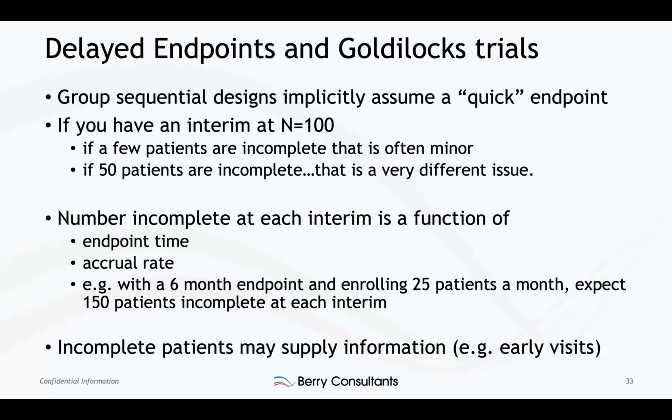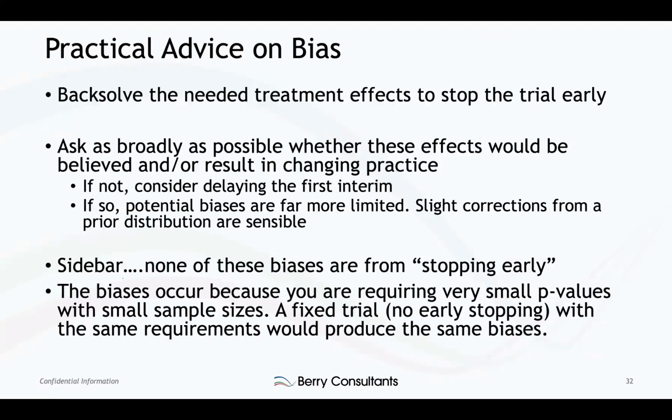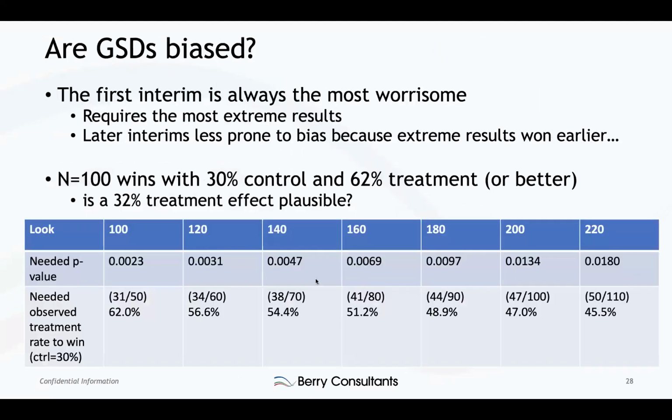You can get clever and think about ways of changing it, but I haven't seen a lot of examples where you get a lot of benefit from that, especially if you already have a fair number of interims. Changing 100, 120, 140, et cetera, to 100, 130, 160, et cetera, isn't going to change your life very much.